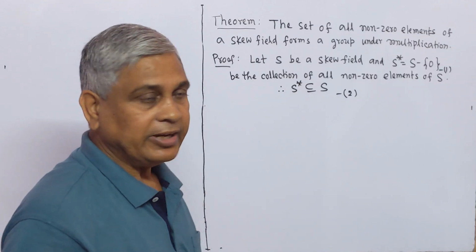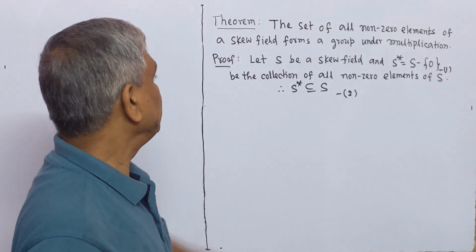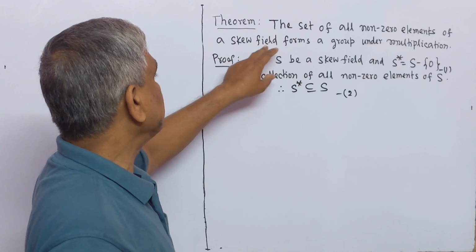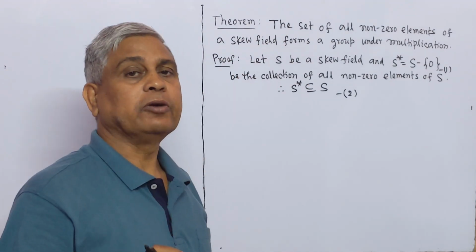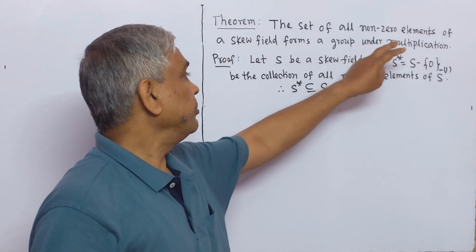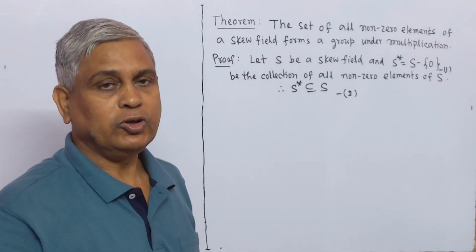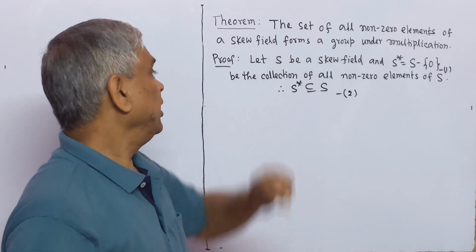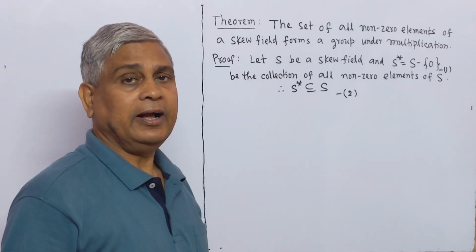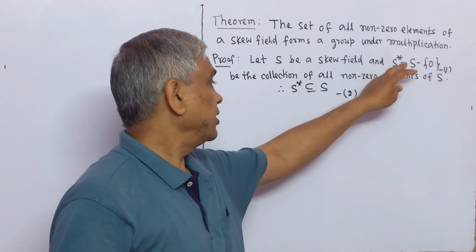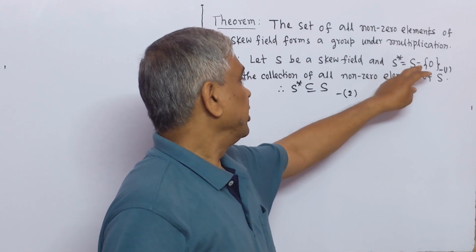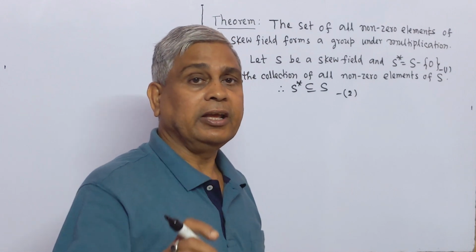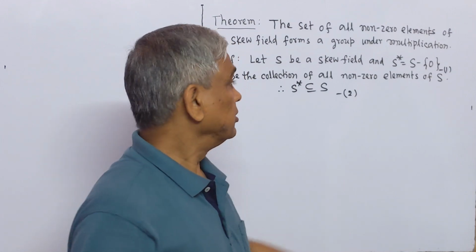Now we prove the next theorem. Theorem: the set of all non-zero elements of a skew field form a group under multiplication. Now we prove this. Let S be a skew field and S star equal to S minus a set containing only zero element.